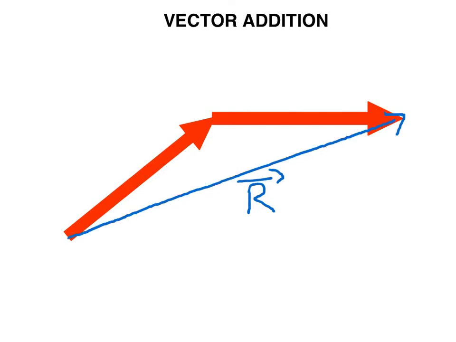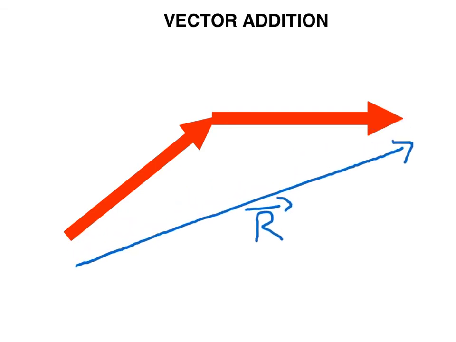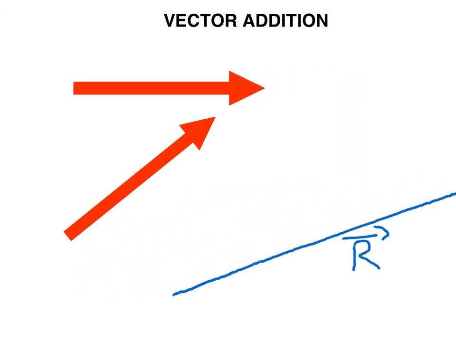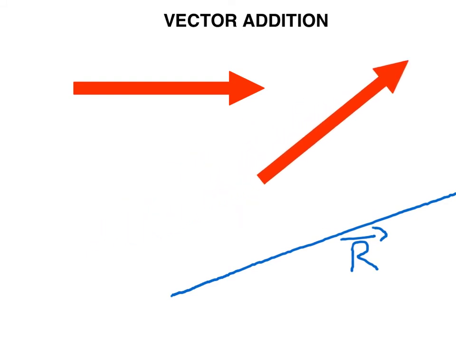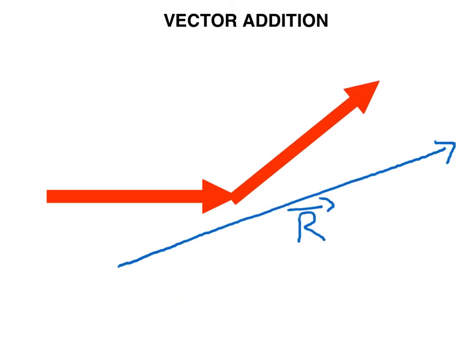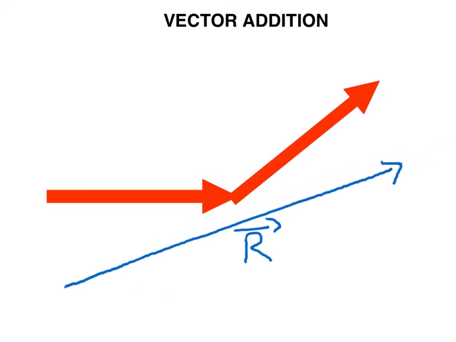Alright, so now I'm going to take this whole thing apart and show you that it doesn't matter what order that you add them in. So we'll move the resultant down here. Now I'll take these two vectors and they'll switch places. So I'll start with the one pointing east and put it head to tail with the one pointing northeast. And now, remember, this resultant represents my vector sum of those two.